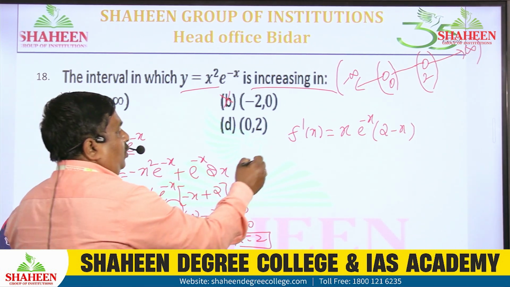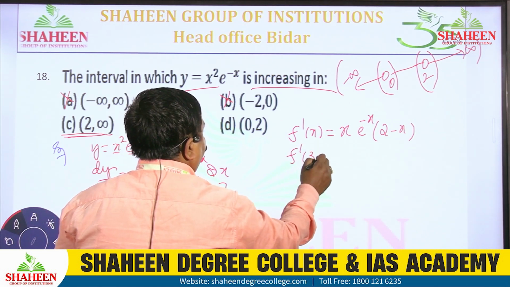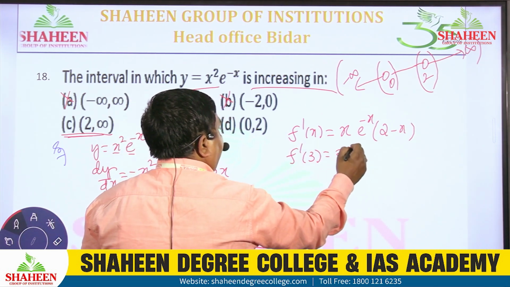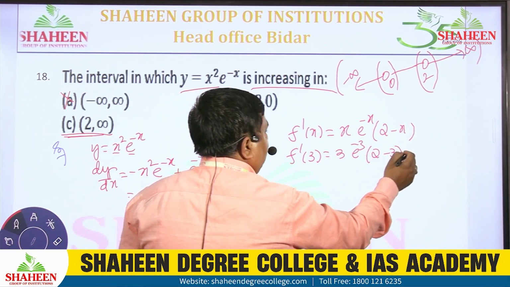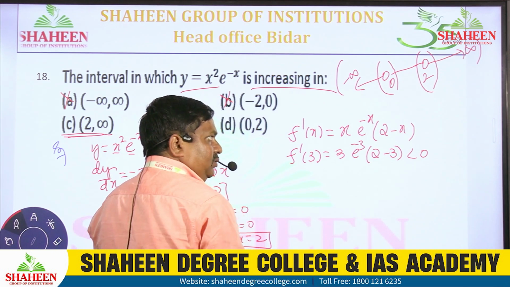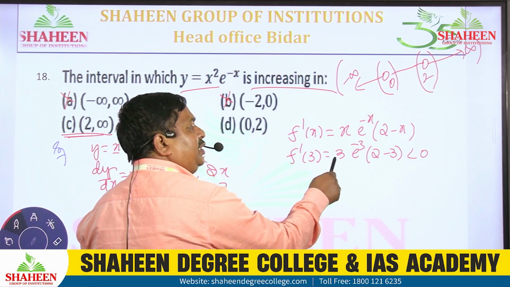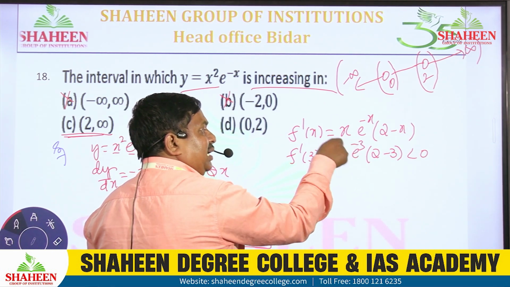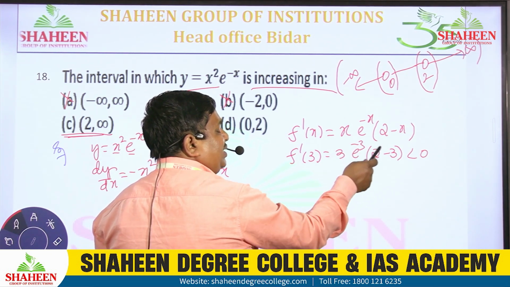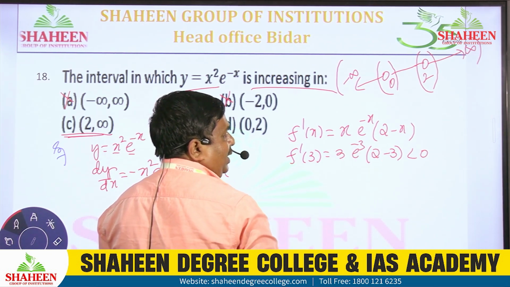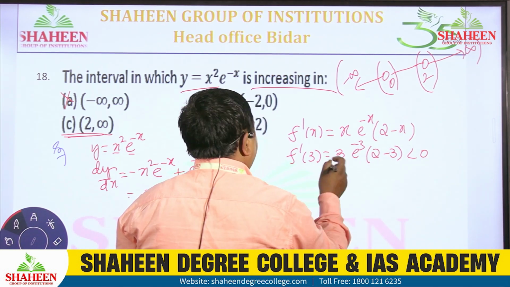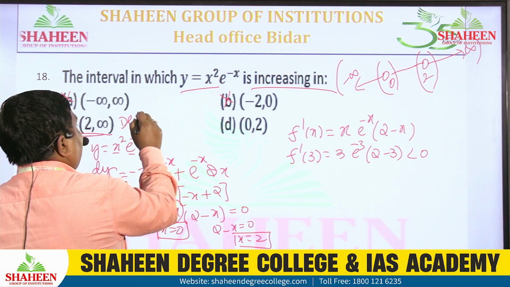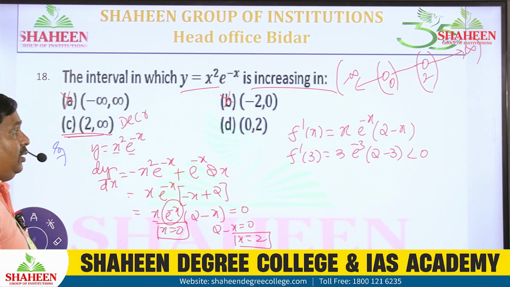Let us substitute 3 in this derivative. This becomes 3 e power minus 3 into 2 minus 3, which is less than 0. 3 is positive, e power minus 3 is also positive, and 2 minus 3 is minus 1. So minus 1 into positive is negative. It means in 2 to infinity it is a decreasing function.